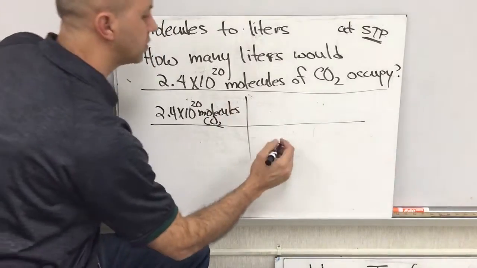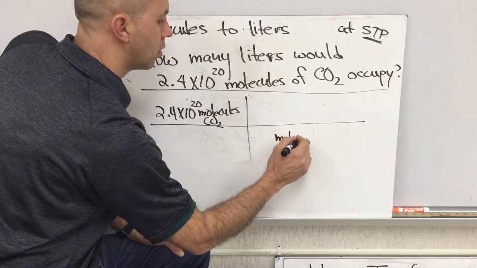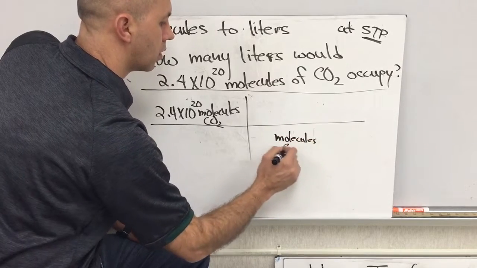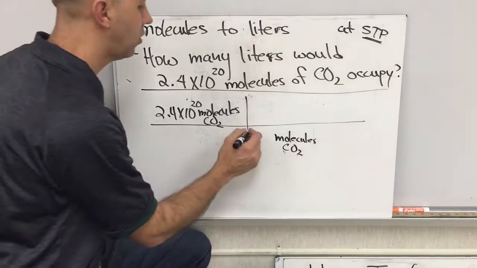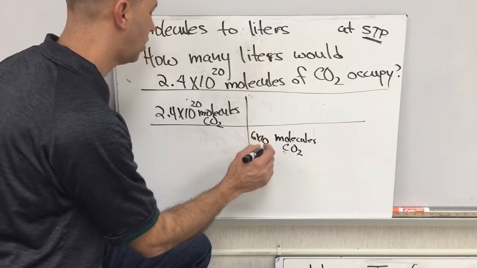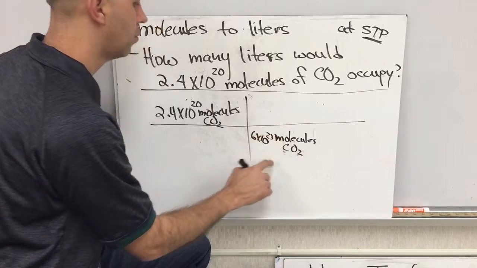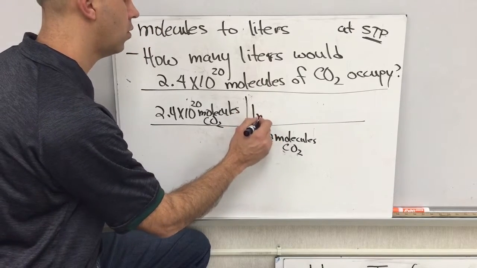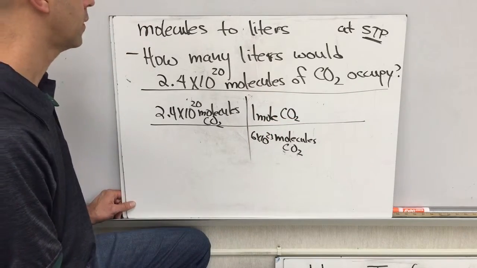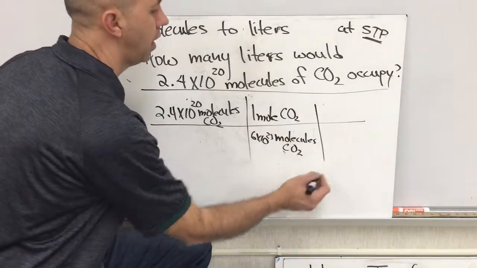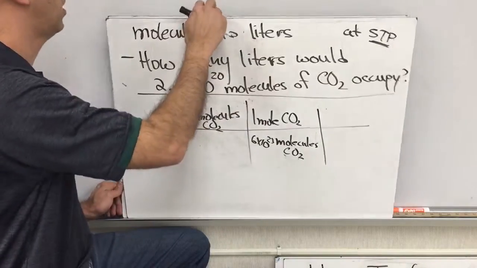I'm going to take molecules of CO2 and put them down here. And what do I know about molecules of CO2? I know that there are 6 times 10 to the 23 molecules of CO2 in 1 mole of CO2.